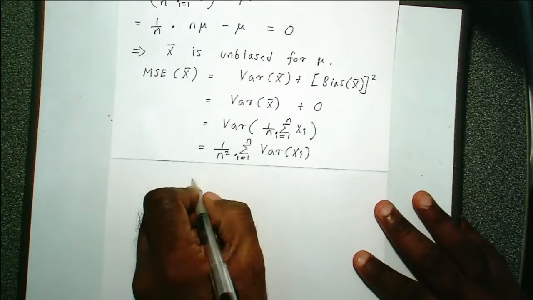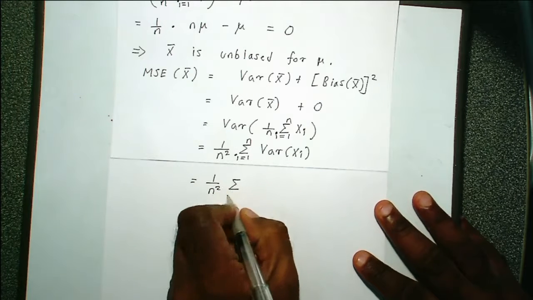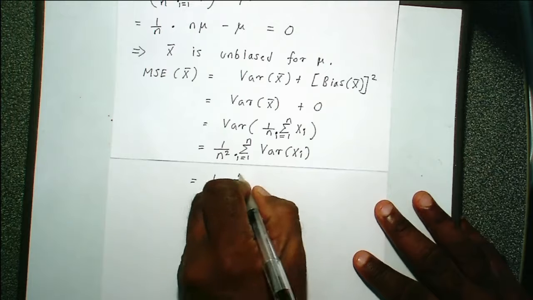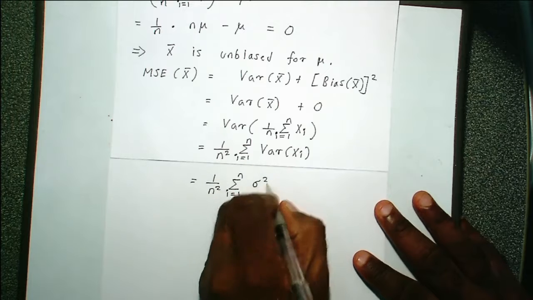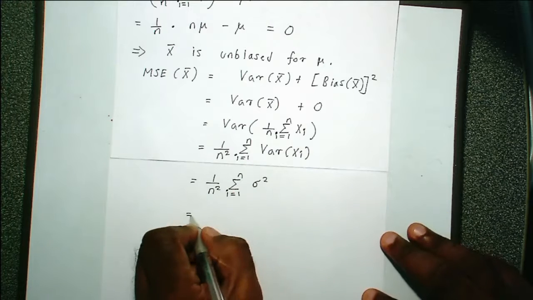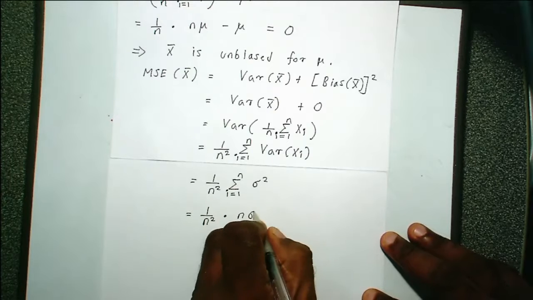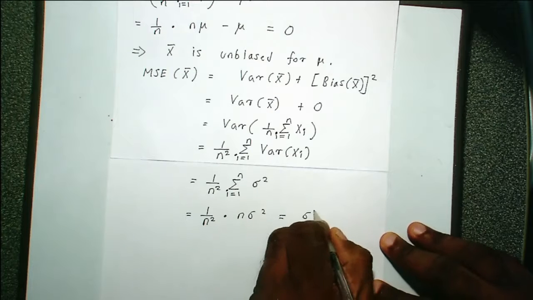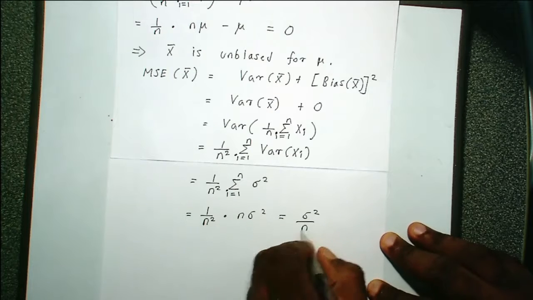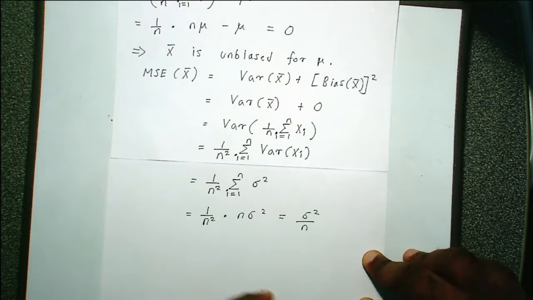So this becomes 1 over n squared times the sum of sigma squared. So this is 1 over n squared times n sigma squared, which is sigma squared divided by n, right? So the MSE, the mean squared error of x bar, is sigma squared over n, right?